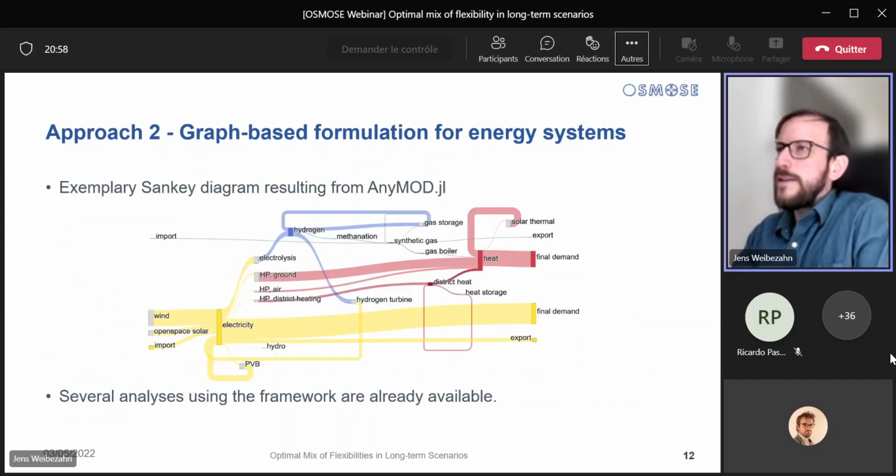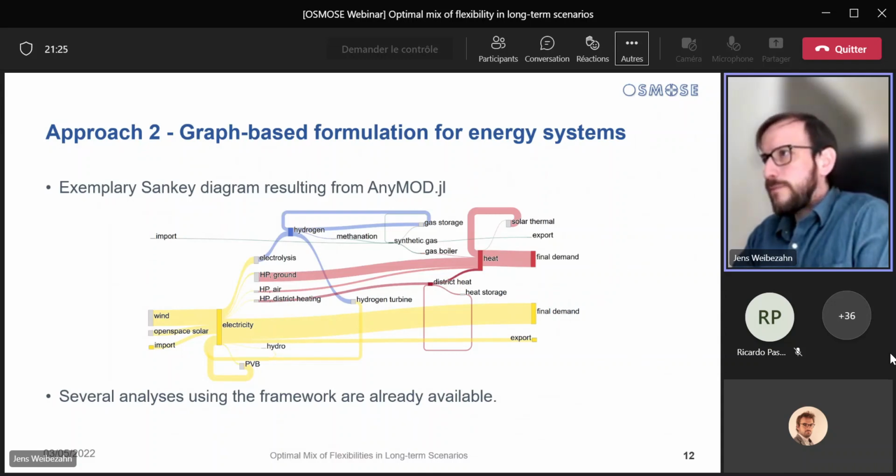And as an example here of the output of such a model, we have a Sankey diagram with just a little test model here. So you can see here this type of Sankey diagram used here shows you the different energy demands here on the right-hand side, and the different inputs of where they come from on the left-hand side, and these are all interconnected.